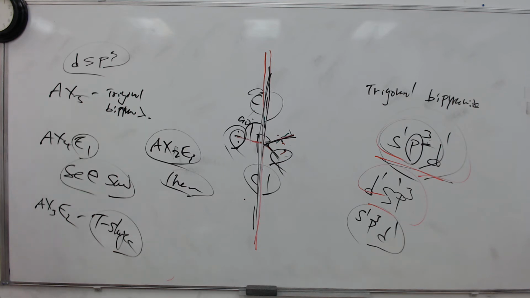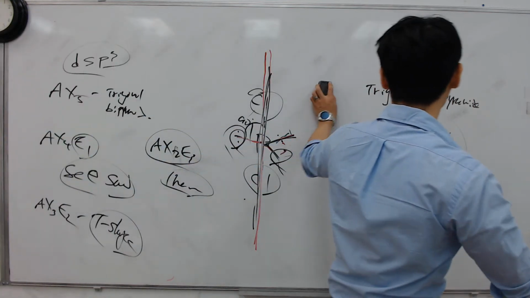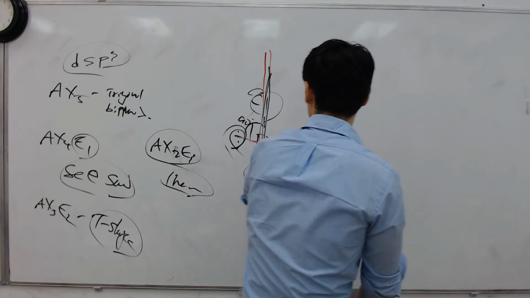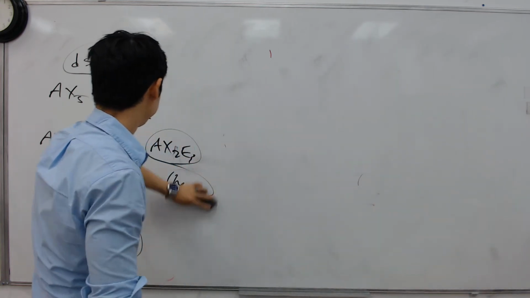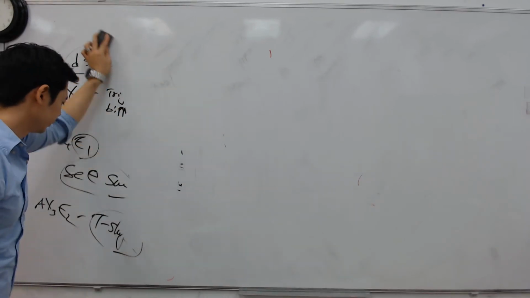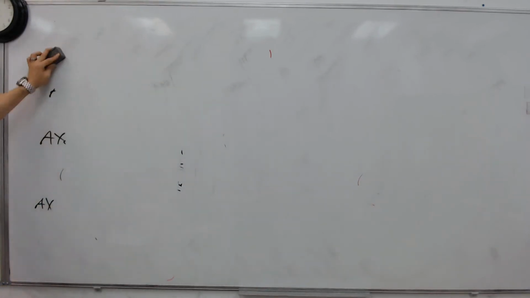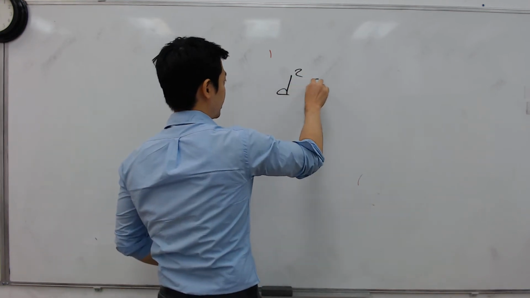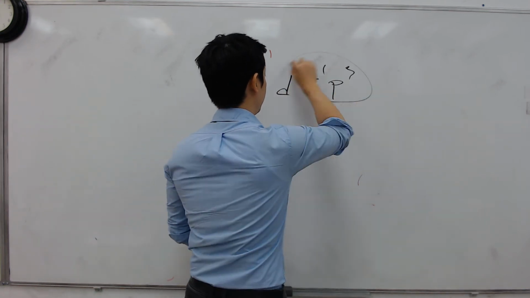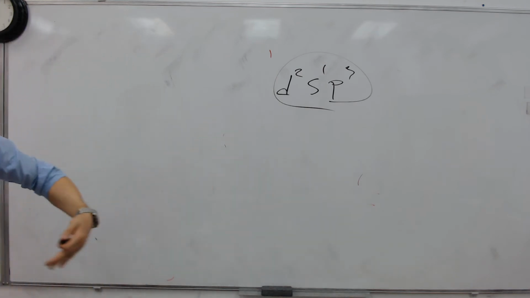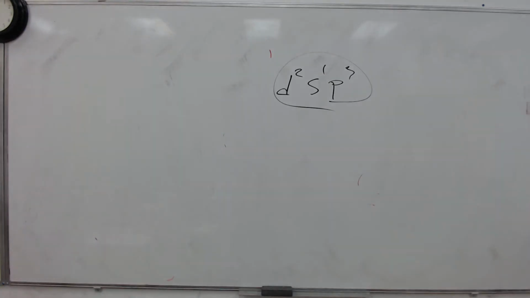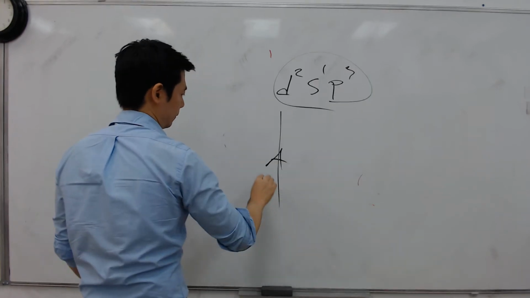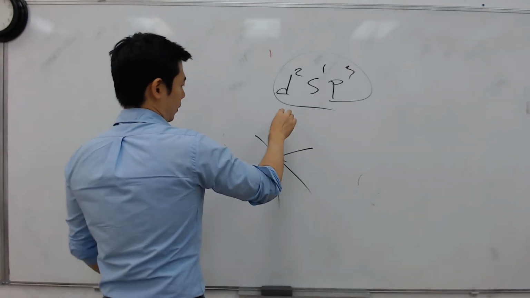All right. The other one, guys, I can't think of an example right now, but there's one more you have to know in terms of hybridization, and that is d2sp3. So that's one more hybridization you have to know. Central atom A and X surrounding.